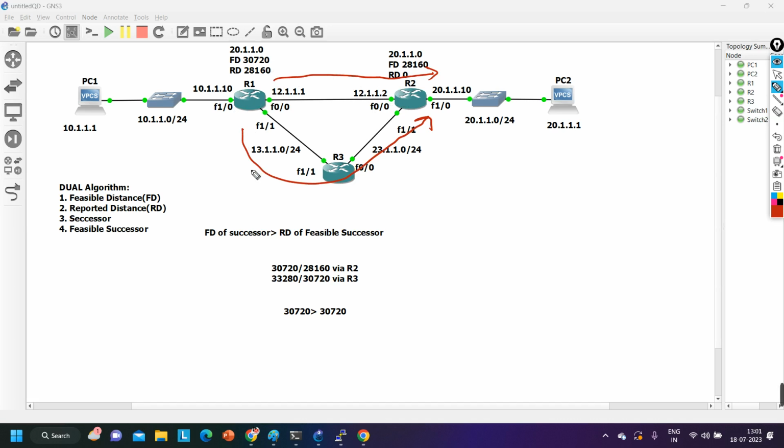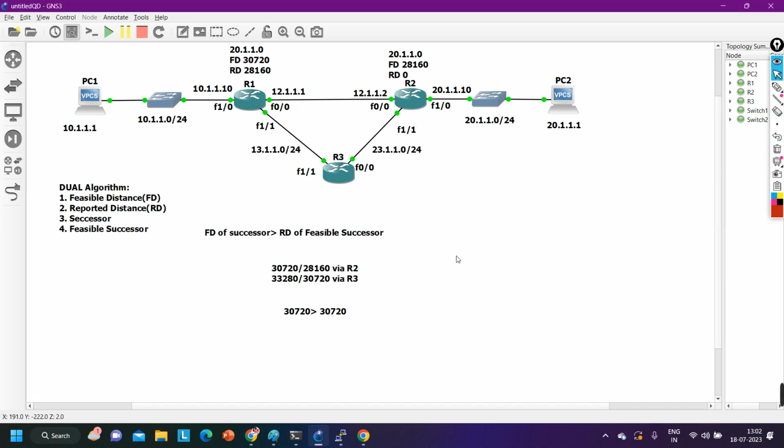FD via router number 2 is this one and FD via router number 3 is this one. As you know, the lesser metric is more preferable.